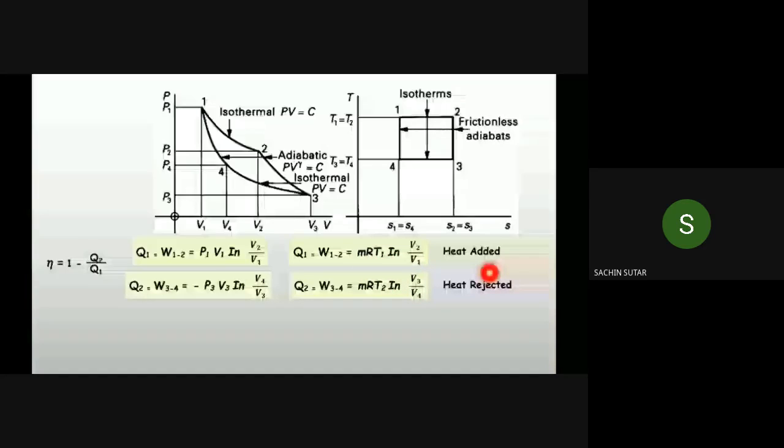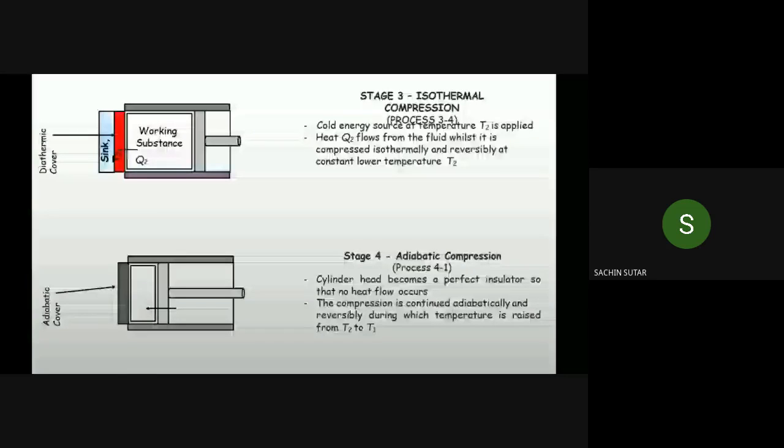Similarly, for Q2, heat is rejected to the sink at temperature T2. Here we can see that temperature T2 is there, but this is the temperature T1, and here the heat is rejected. The heat rejected is nothing but the work required in the compression process, so it requires a minus sign.